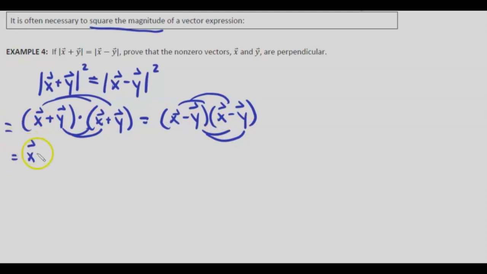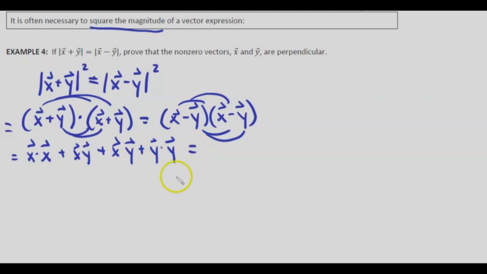So we have vector x times vector x plus vector x times vector y plus y times x, so vector x times vector y again, plus vector y times vector y.